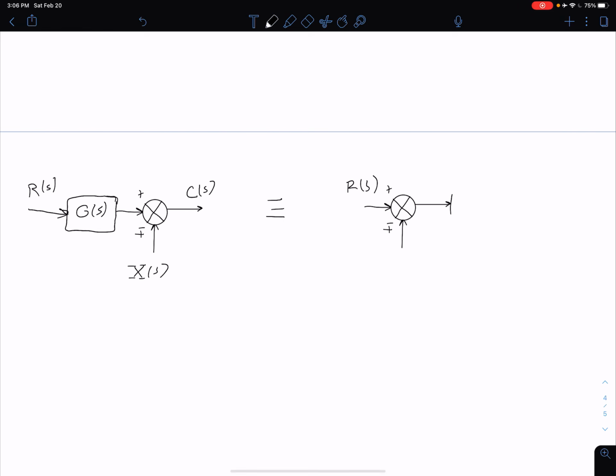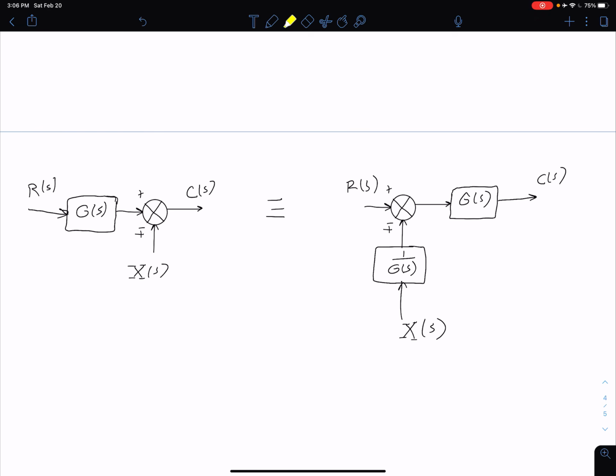As you might imagine, we're going to have to put a G of S block on our output before we go to C of S. But we're also going to have to add a block here that is 1 divided by G of S. The reasoning behind that, without tracing our inputs all the way through, is that here our X is just going directly to C of S. It's not being multiplied by G. Whereas here, if we had X of S right here, it would be multiplied by G now.